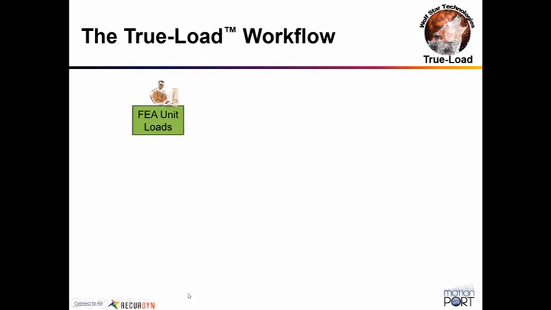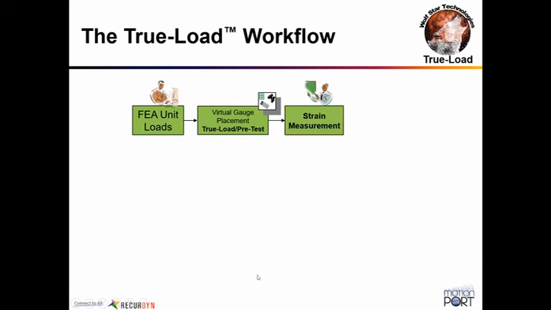So let's look at the workflow. Starting out with all these unit load cases, and then selecting the virtual gauge placement. There's a submodule called pretest that's used to evaluate where the strain gauges should go.